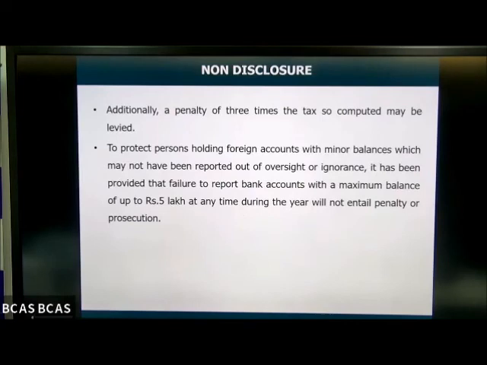Additionally, a penalty of 3 times the tax may also be levied. And to protect persons holding foreign accounts with minor balances, which may not have been reported out of oversight or ignorance, it has been provided that failure to report bank accounts with a maximum balance of up to 5 lakhs at any time during the year will not invite any penalty or prosecution.